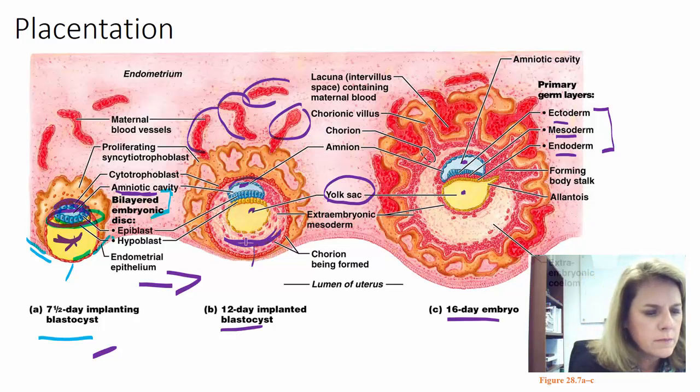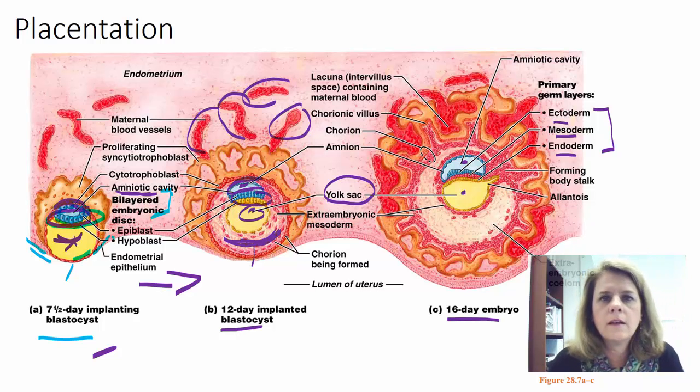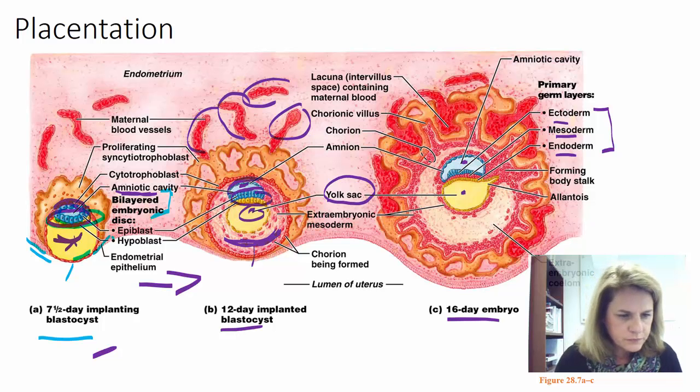So you've got your chorion being developed here, your amnion being developed here, your yolk sac being developed, and then this little inner cell mass that's going to be the embryo is differentiating even more.